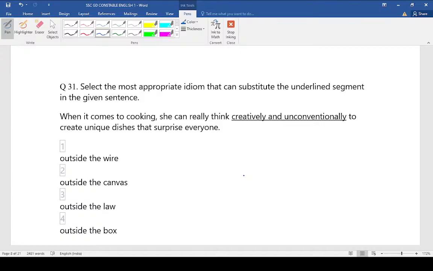So here, beyond the safe area. Outside the canvas is nothing but beyond the artistic boundaries. Outside the law, beyond the law. Then outside the box is nothing but it is illegal. So this way. Next we will go for the next question.